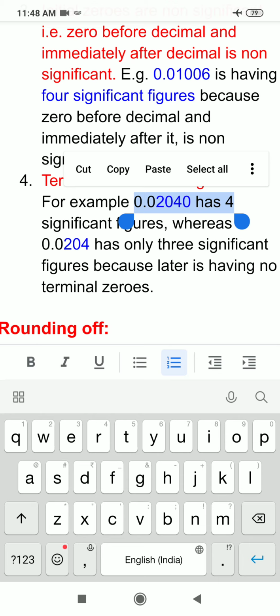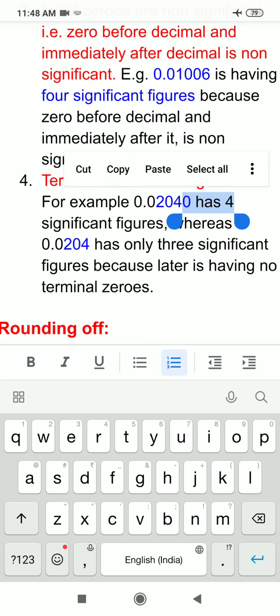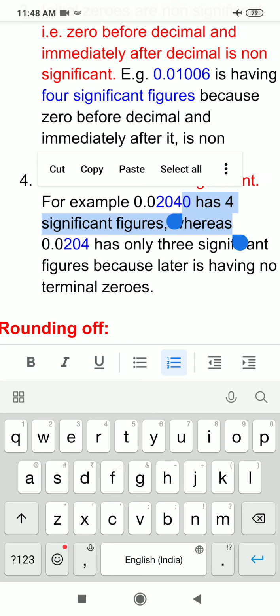One to the left of decimal and another to the right of decimal, and one to the right of 2 and one at the other end, or terminal, right to the 4. So initial zeros are, according to third rule we studied, non-significant. So first two will be 0.0, both these zeros will be non-significant, but terminal 0 in this case would be significant.